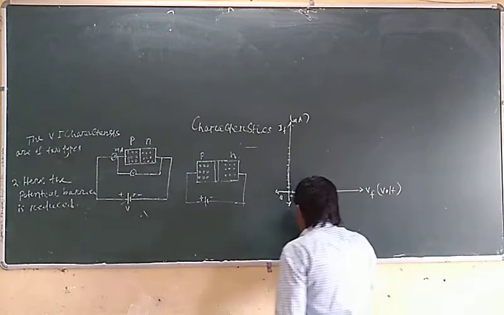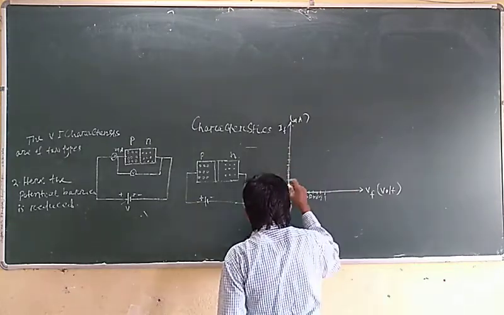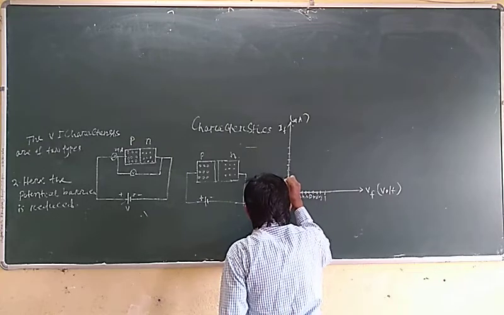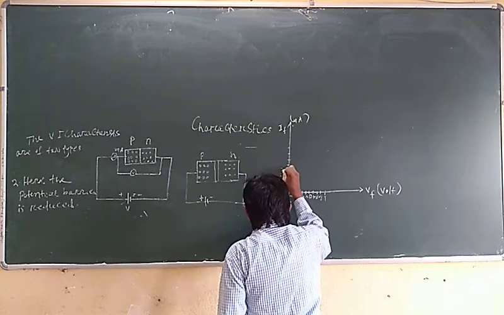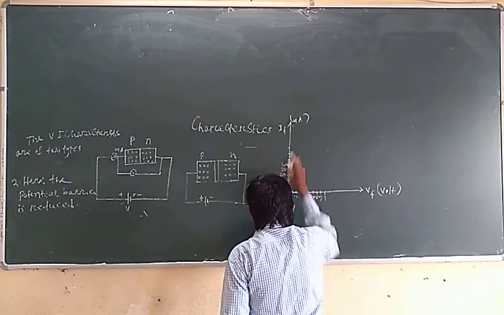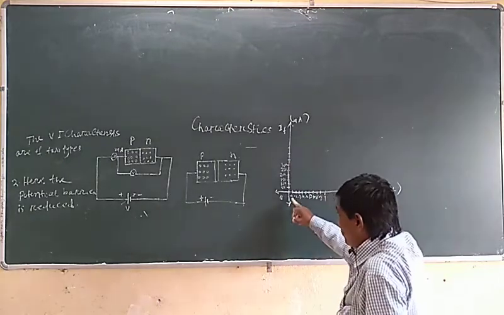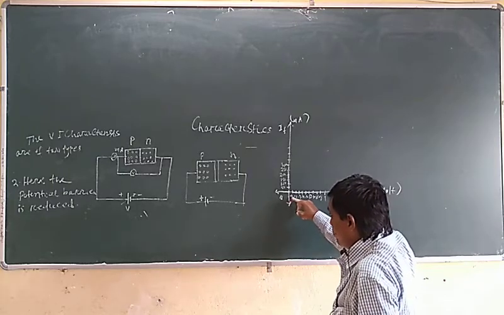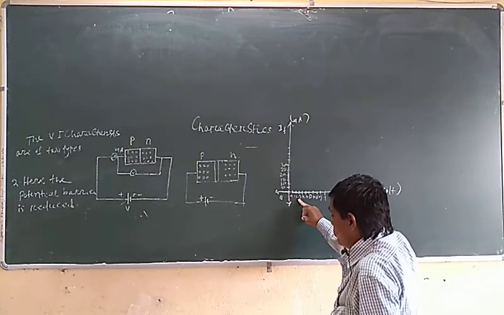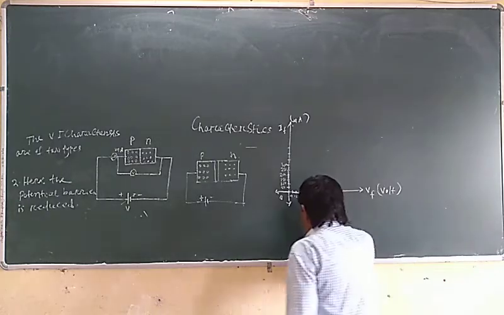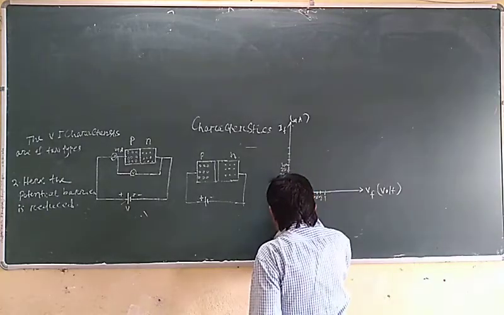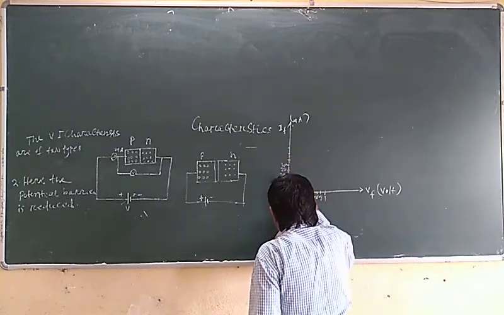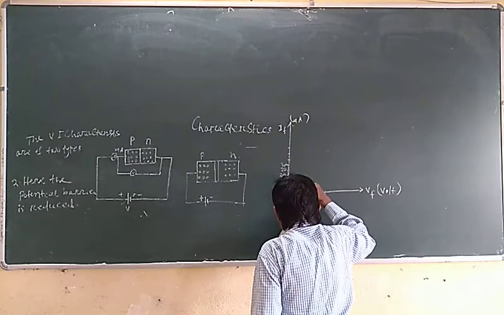The y-axis contains current: 50 milliampere, 100 milliampere, 150, 200, 250, 300, like this. When we apply 0.1 volt, then 0.2 volt, then 0.3 volt, what happens? We see the voltage and current form a curve.